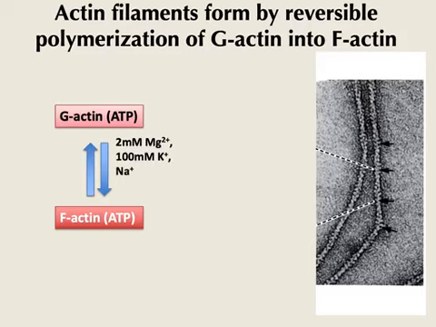Simply put, this is obtained by in vitro polymerization of actin. So the G actin, the globular actin, when it's bound to ATP, it has to be bound to ATP. If you provide the right amount of salts, it will spontaneously polymerize into F-actin, which, as we'll see, is initially bound to ATP. Eventually, ATP is going to get hydrolyzed.